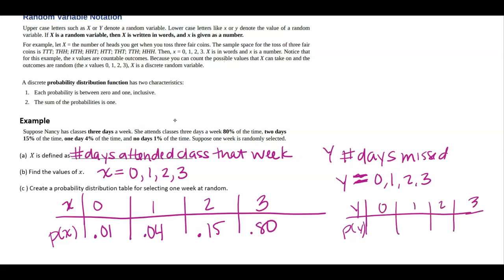So that's why it's important for you to know what your variable is. So 0 in this case means no days missed, 1 day missed, 2 days missed, and then 3 days missed. So it's important to define your variable and then know what the values could be. They should be countable because this is a discrete random variable.